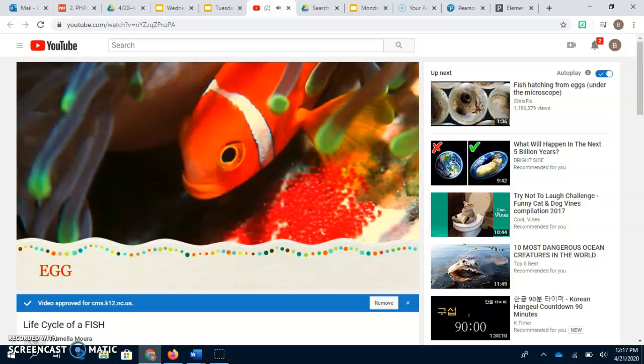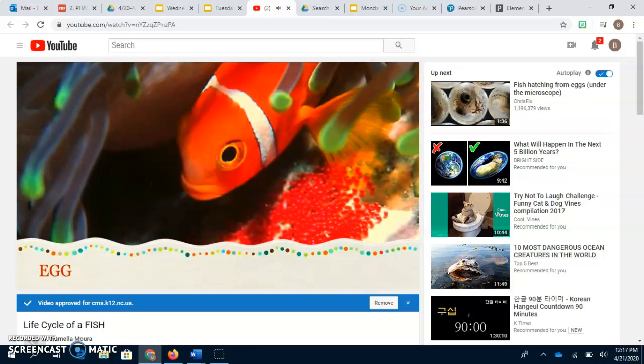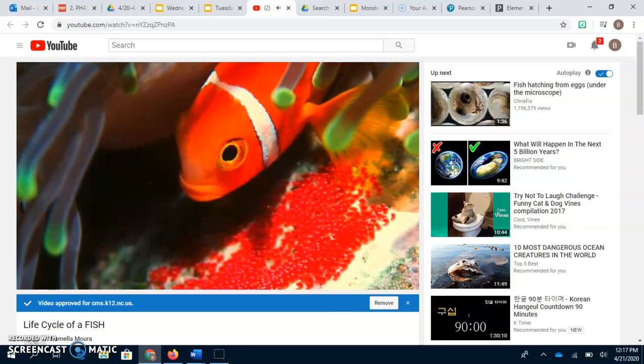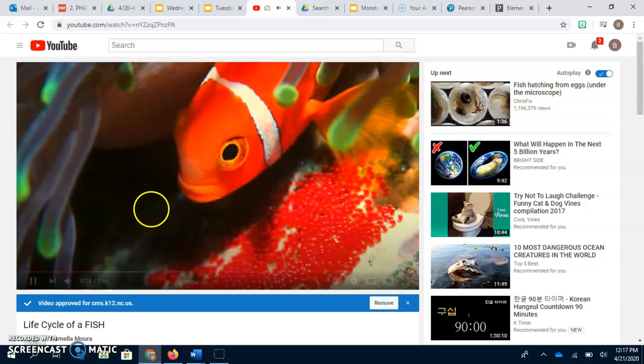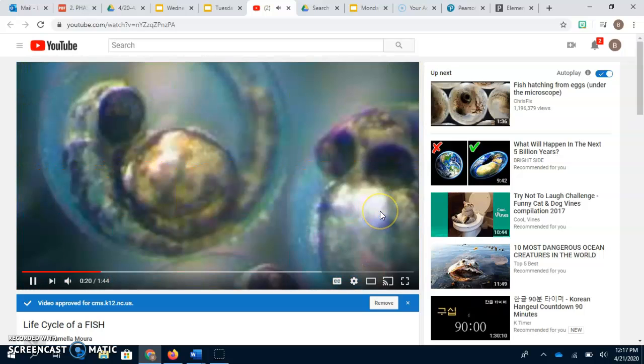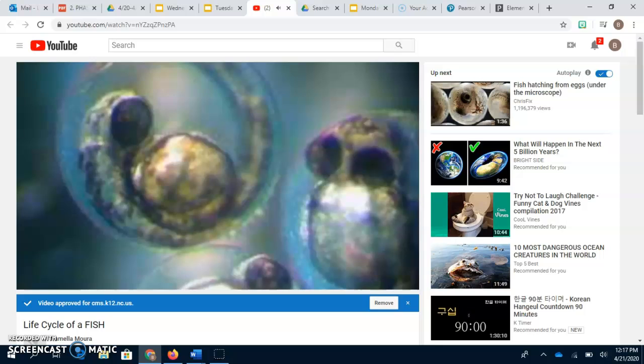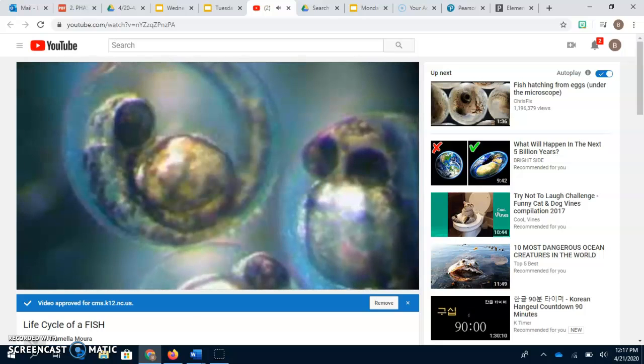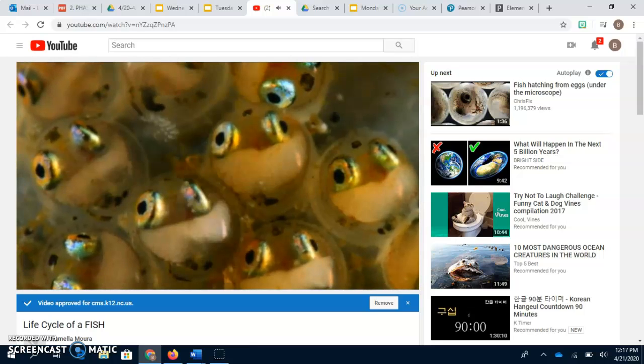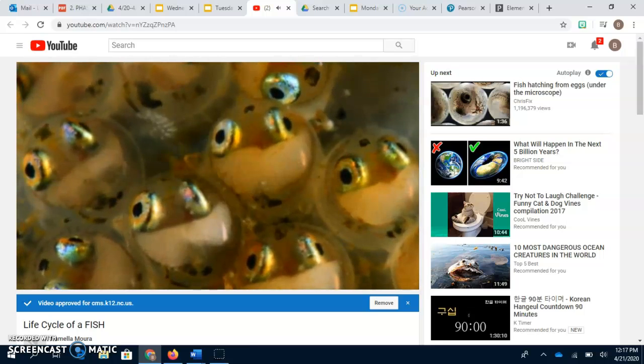So the first stage is the egg. So here's the eggs, little red eggs. This is a microscopic picture of the fish eggs. More fish egg pictures.